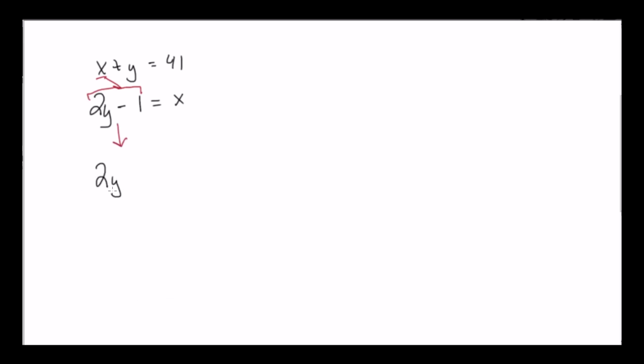So now I'm going to end up with 2y minus 1, and we're going to put it in parentheses just to make sure we see that we really didn't change the expression at all, is equal to 41. So let's look at that again, because I know these are confusing and they're scary, and a lot of times scary problems just kind of shut your brain down. So we have x plus y is equal to 41, and we know that one number is one less than 2 times the other number.